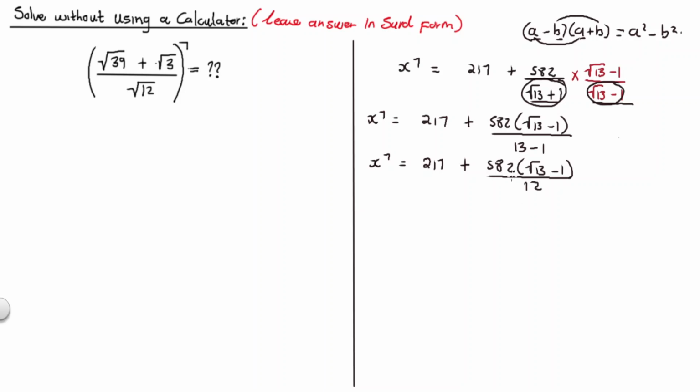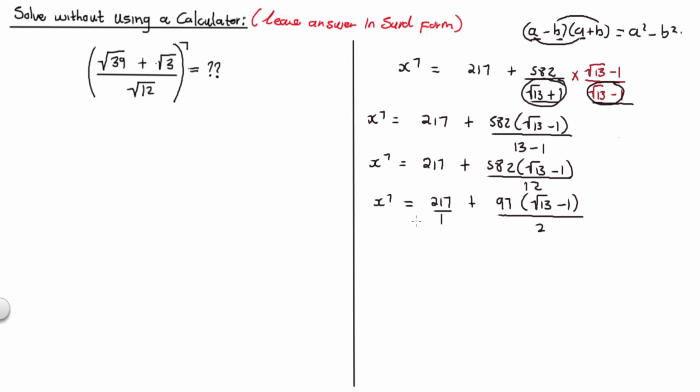Let's simplify it before we do any simplification between the two fractions. 582 divided by 12, not by 12 but by 6: 582 divided by 6 is 97, and 12 divided by 6 is 2.